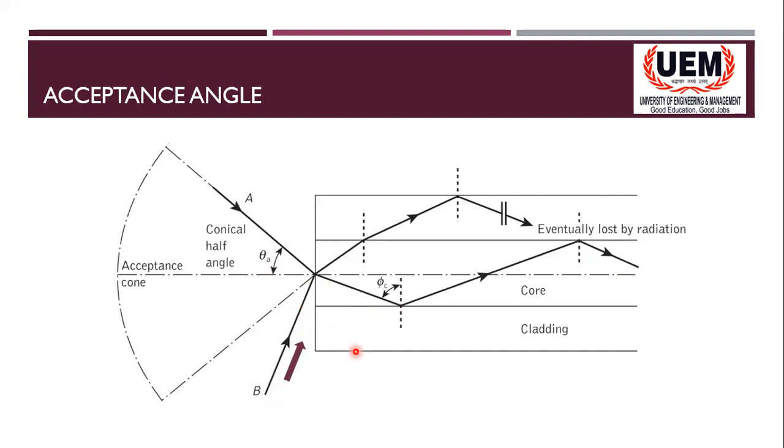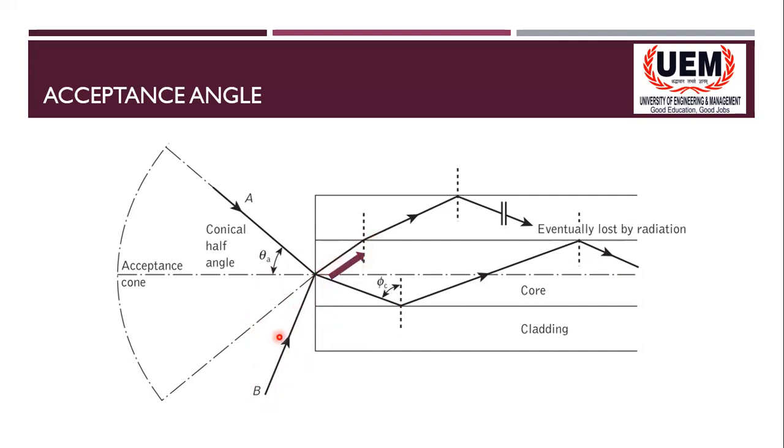So this is the light path of B, and since again this light is coming from the air medium to the core medium, when it reaches the air-core edge it gets refracted a little bit.